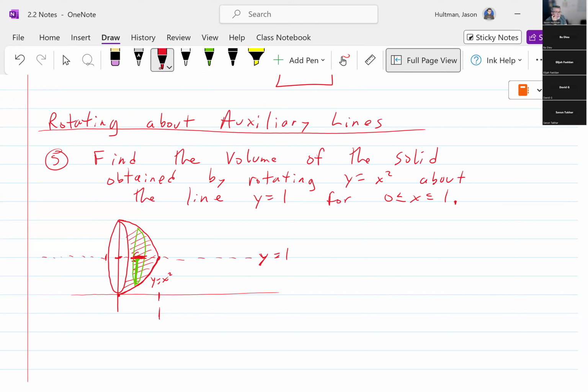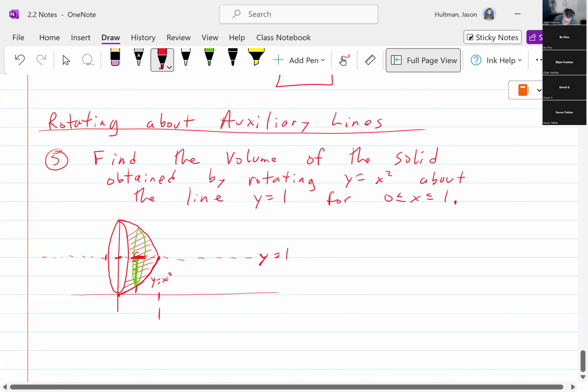1 minus x squared. Yeah, 1 minus x squared would give me that top. 1 is the whole thing. Y equals x squared is just this height, right?